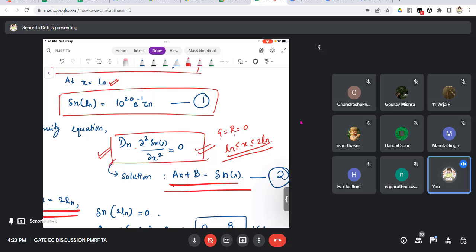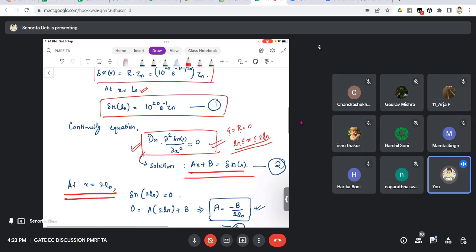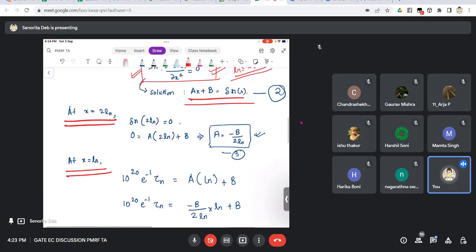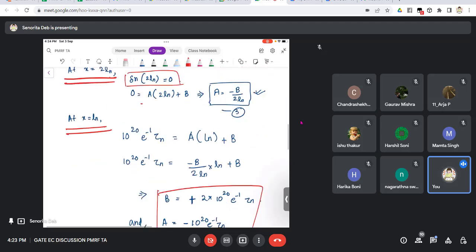This kind of equation always has a solution like this: delta n(x) equals Ax plus B. Now we will find the solution just like we do in mathematics for a differential equation. At x equals 2L_n, we know that the concentration is 0, so we put the value and find A. Now at x equals L_n, we have found delta n of L_n, so we put the value equals A of L_n plus B. This is not natural log, this is L_n.